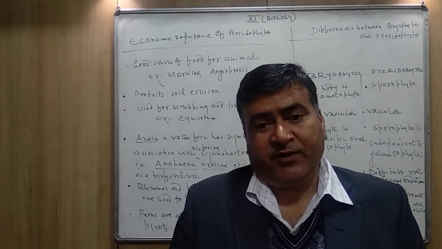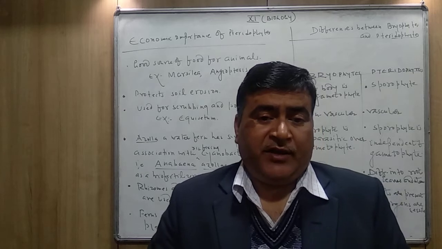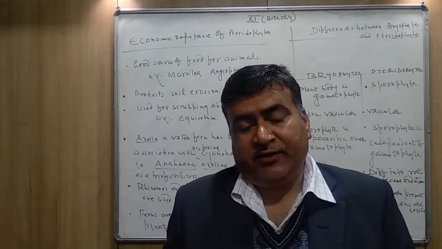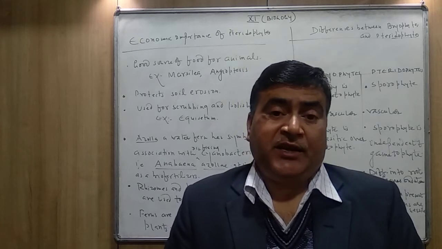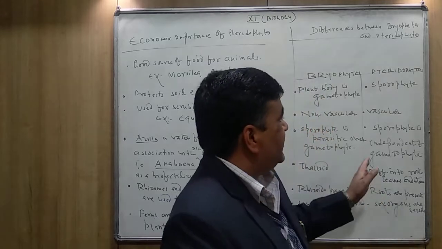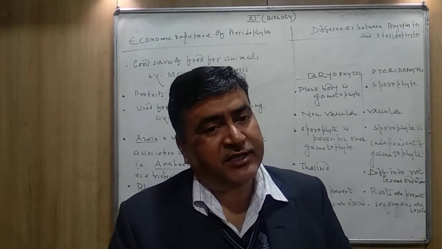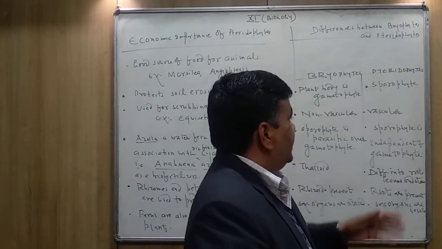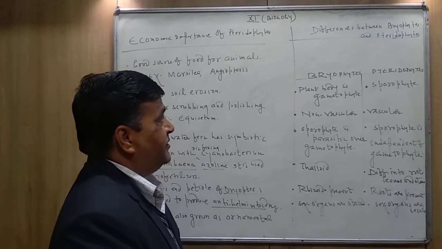It is formed on the soil. This is called the prothallus, and it is totally independent from the sporophyte. So here the sporophyte and gametophyte are both independent of each other, and that's why I have written here: sporophyte is independent of gametophyte.